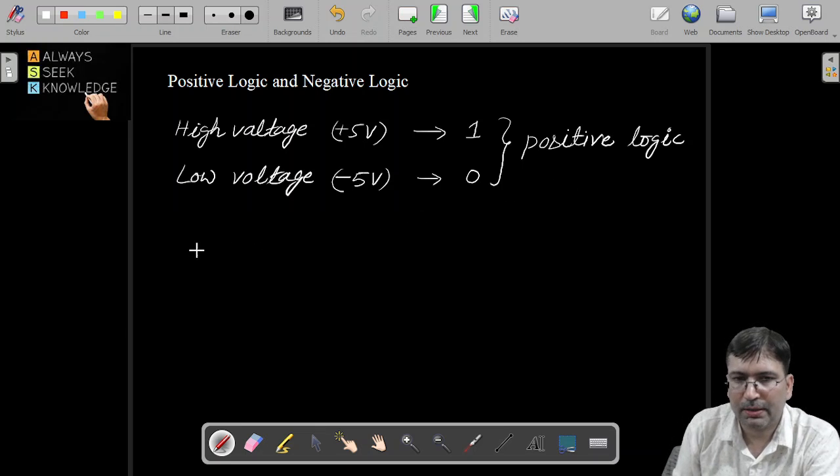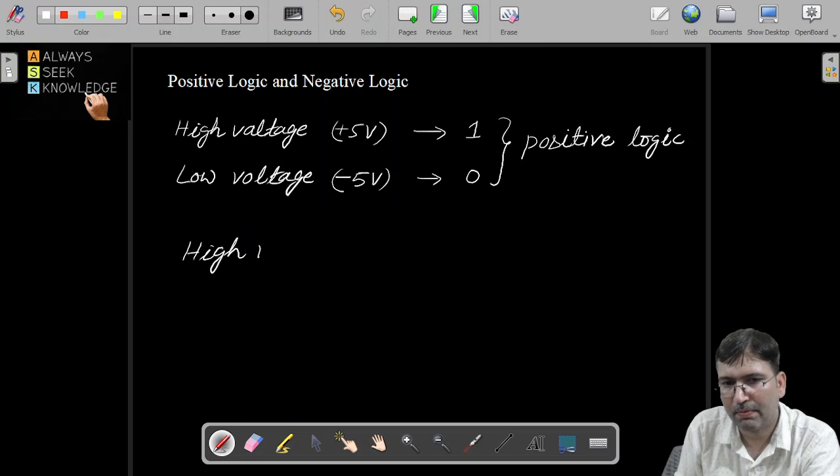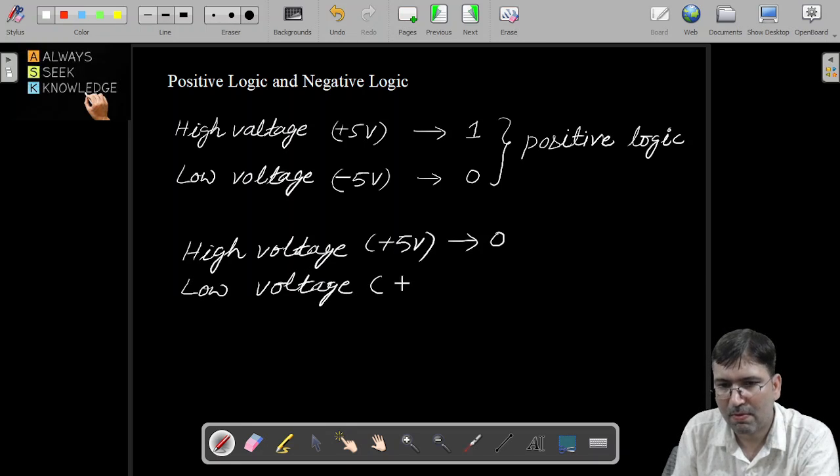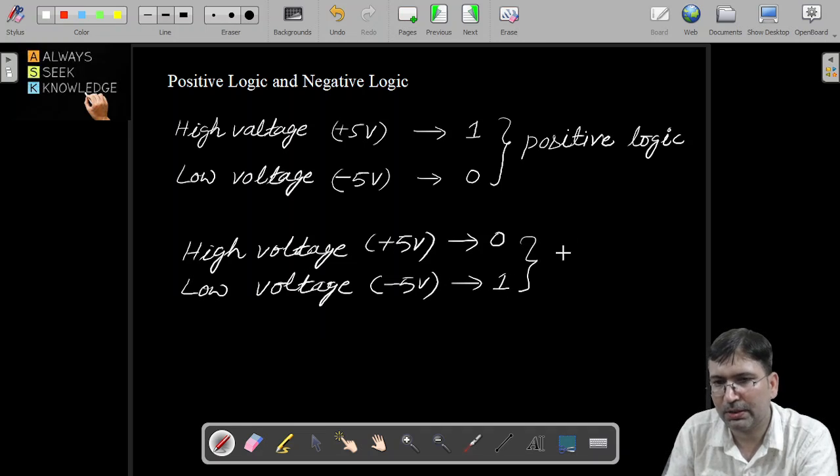On the contrary, in the negative logic, the high voltage, let's say +5, will be mapped with 0 and the low voltage, let's say -5, will be mapped as 1. So this we consider as negative logic.